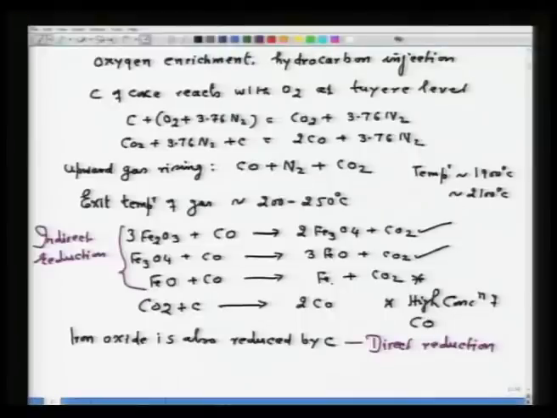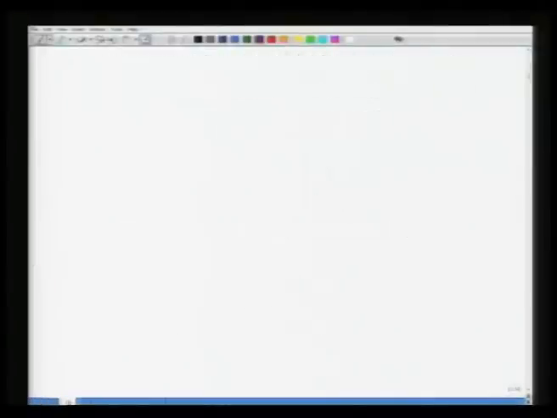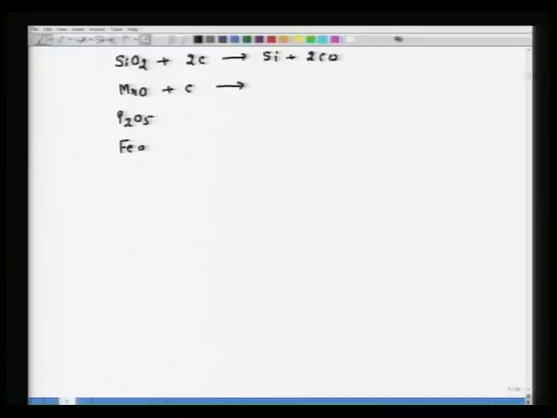Some of the oxides, say for example SiO2, MnO, P2O5 and FeO, are reduced by carbon and form silicon plus 2CO, MnO plus C forms Mn plus CO, because they all take place at very high temperature.